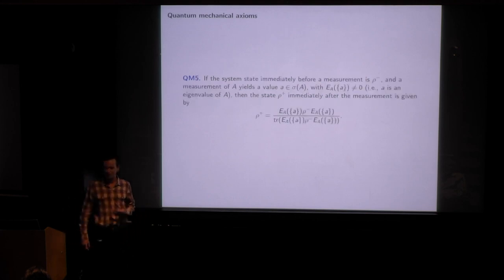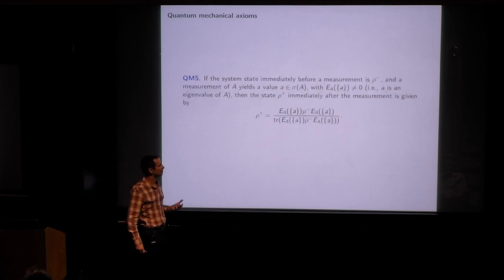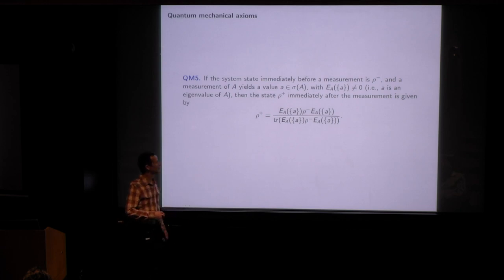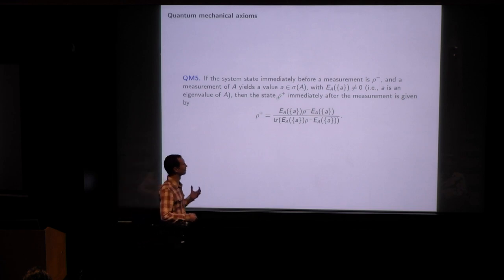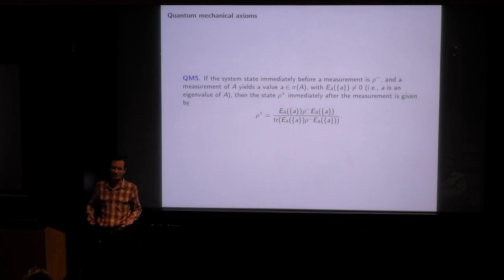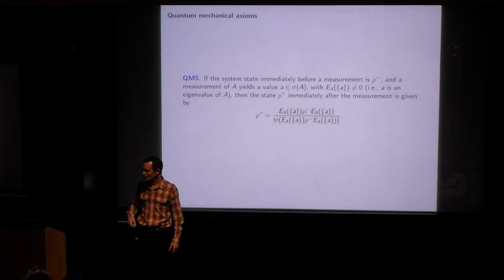And finally, there is an axiom which is the analog of the Bayesian update rule, which tells you how to update the state of the system when an actual measurement is made. This is some type of projective dynamics that depends on the spectral measure of the observable being measured. So this is basically the standard formulation of quantum mechanics as developed by Dirac and von Neumann.